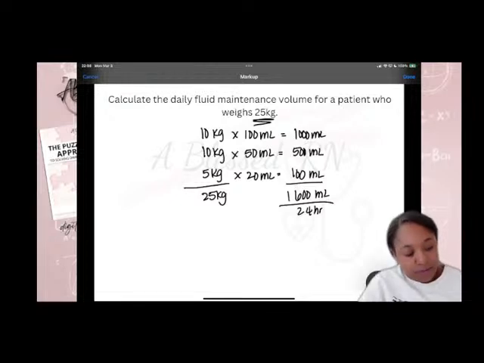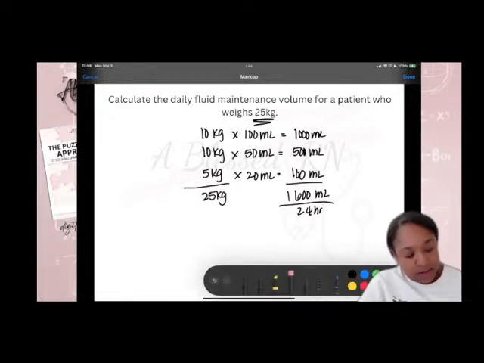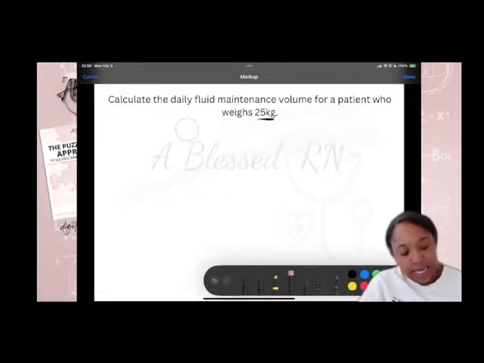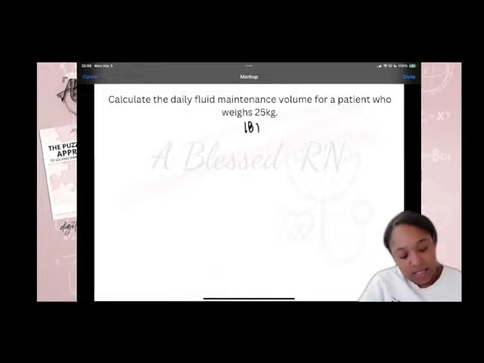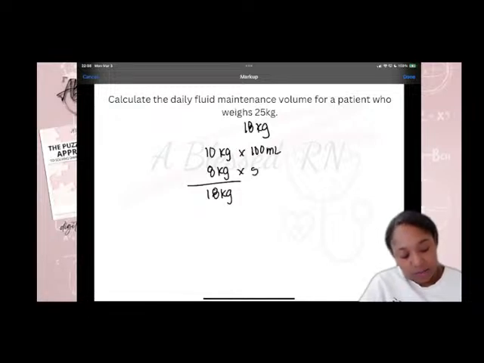If somebody asked me to do one where the patient was 18 kilograms, you would do 10, 10, and the rest. If you can't do the rest, then it's just whatever you have. So 10 kg, and then we only have 8 left, to equal 18. The first one will be times 100, the second one will be times 50.